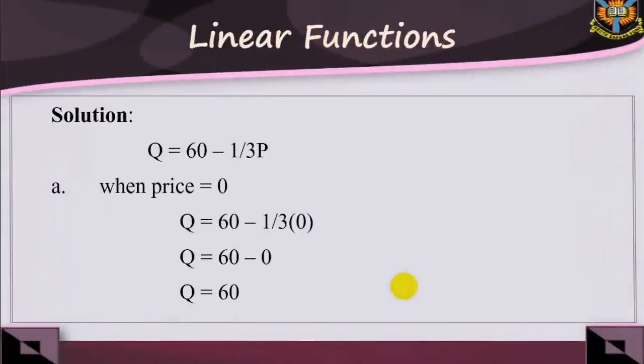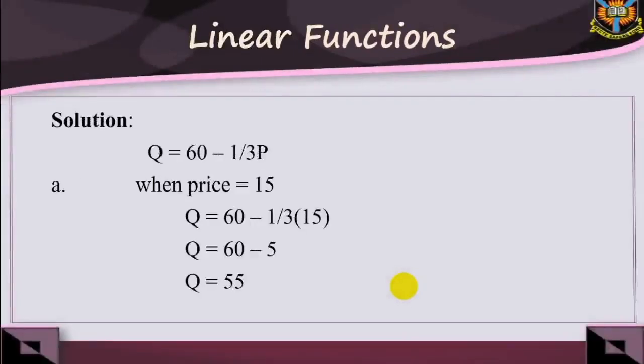Solution. Q equals 60 minus 1 over 3P. When price equals 0, Q equals 60 minus 1 over 3 of 0. Q equals 60 minus 0. Q equals 60. When price is equal to 15, Q equals 60 minus 1 over 3 of 15.